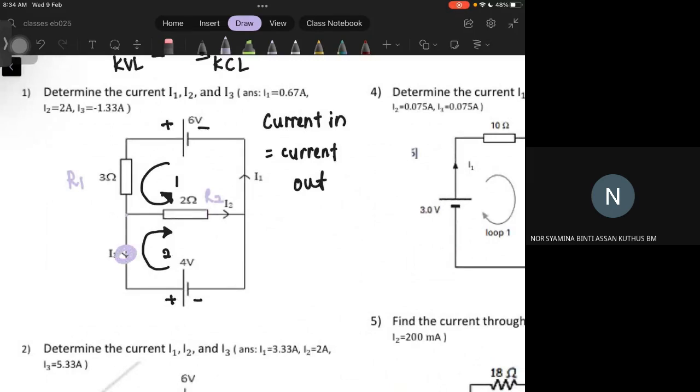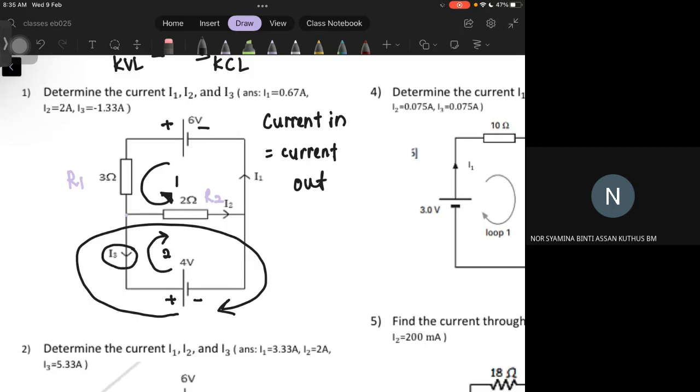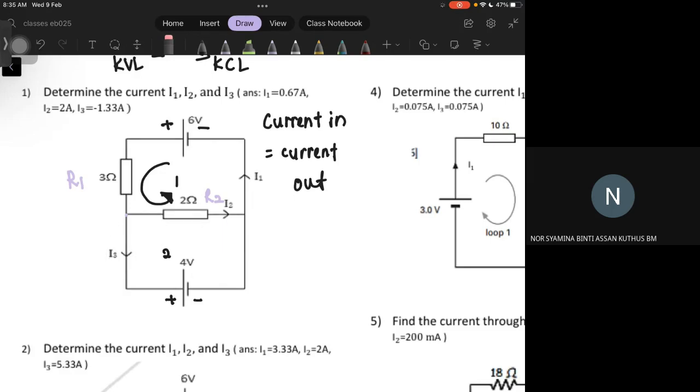Kalau ikut logik, current akan flow from positive voltage source kepada negatif dia. So we cannot assume current flow yang diberikan itu adalah yang betul. That's just an assumption. Sebab kita tak nampak. So kita buatlah calculation untuk cari value.